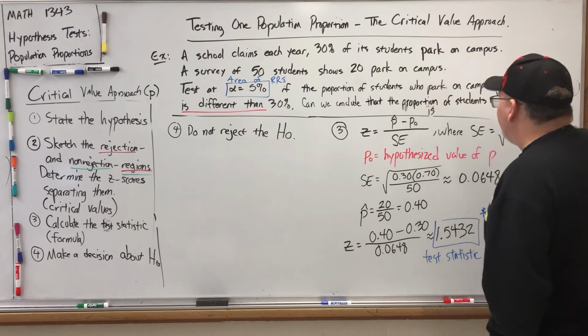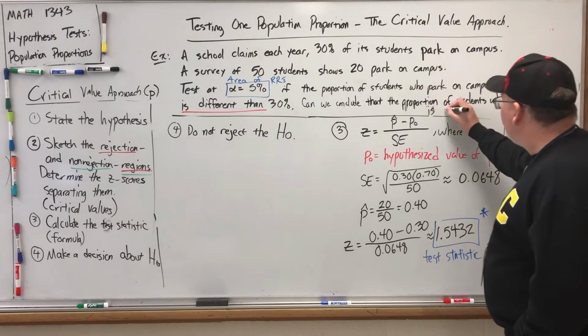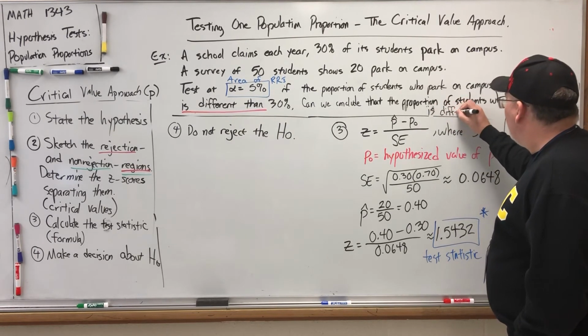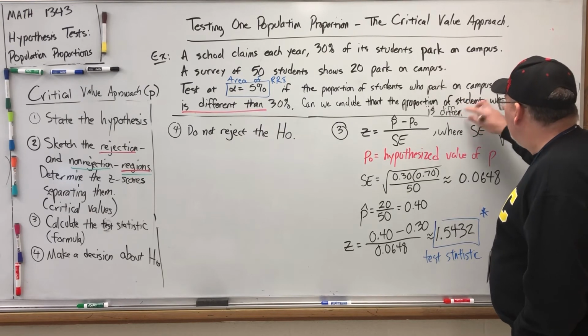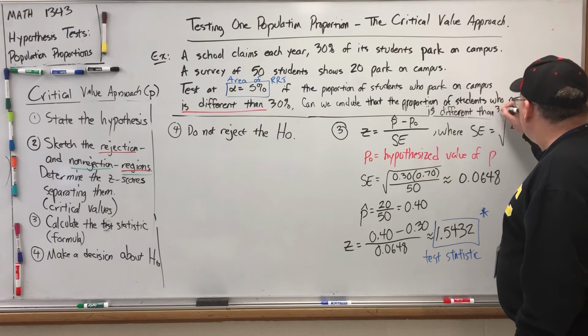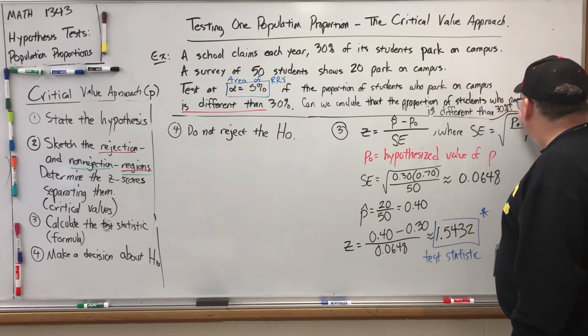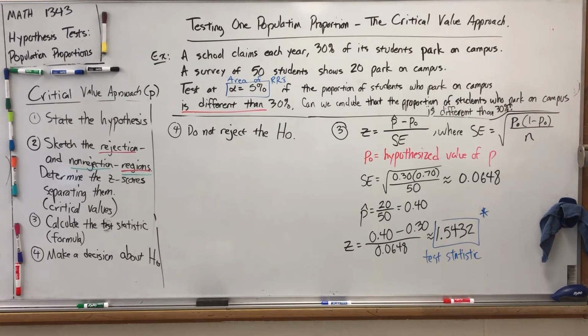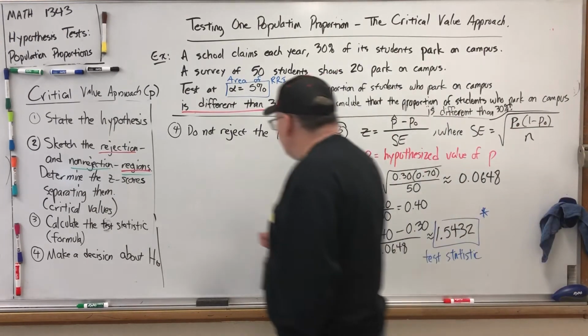Can we conclude that the proportion of students who park on campus is different than 30%? And again, sorry I'm squeezing in that little space there, but we're almost at the end.